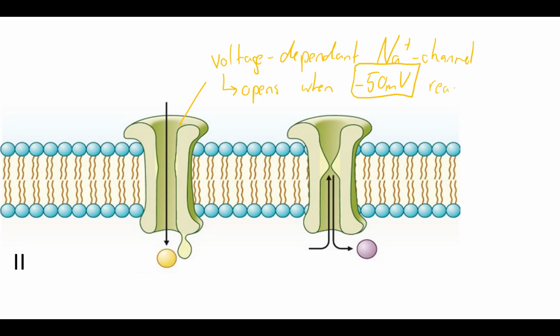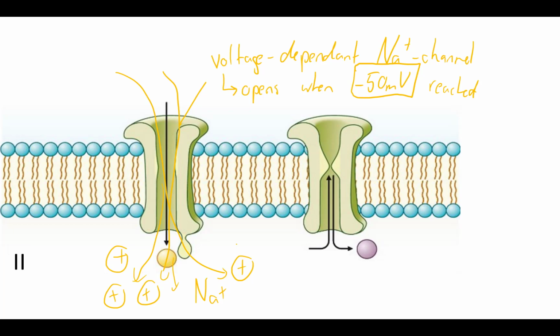And now as soon as this happens, quite obviously they're all open at the same time. So now a lot of sodium will enter the cell. We have basically all of the sodium rushing into the cell, and that means we now get absolutely flooded with positive charge, with the result that the entire cell now flips into the positive.